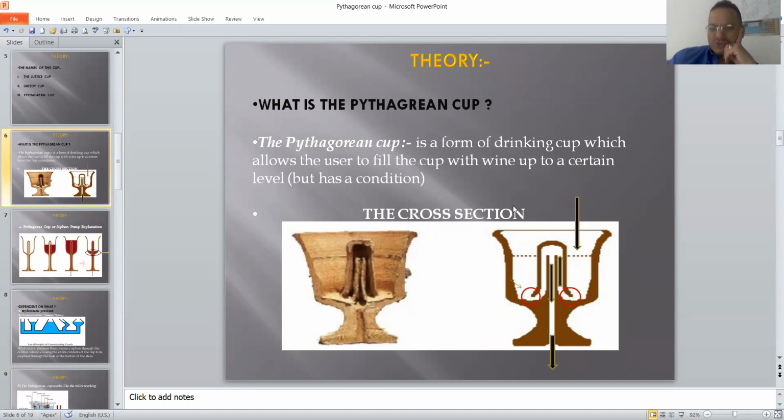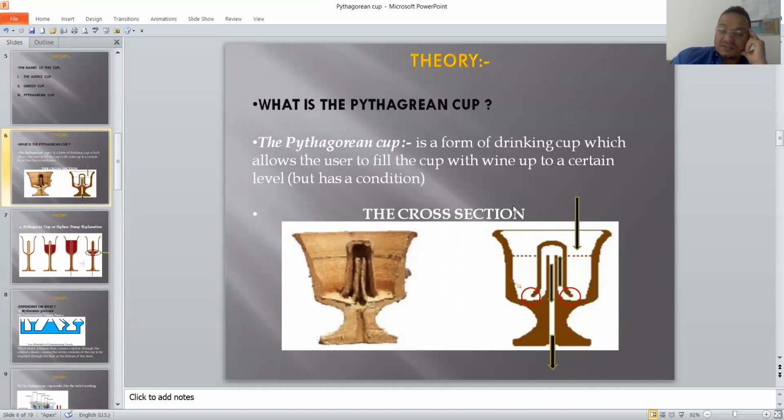Actually, most people used cups for drinking wine, so I think this idea came to Pythagoras and he made his amazing invention depending on this idea, because the users in the old age were too much. And I will explain all the important information to make this topic clearer in the next slides.